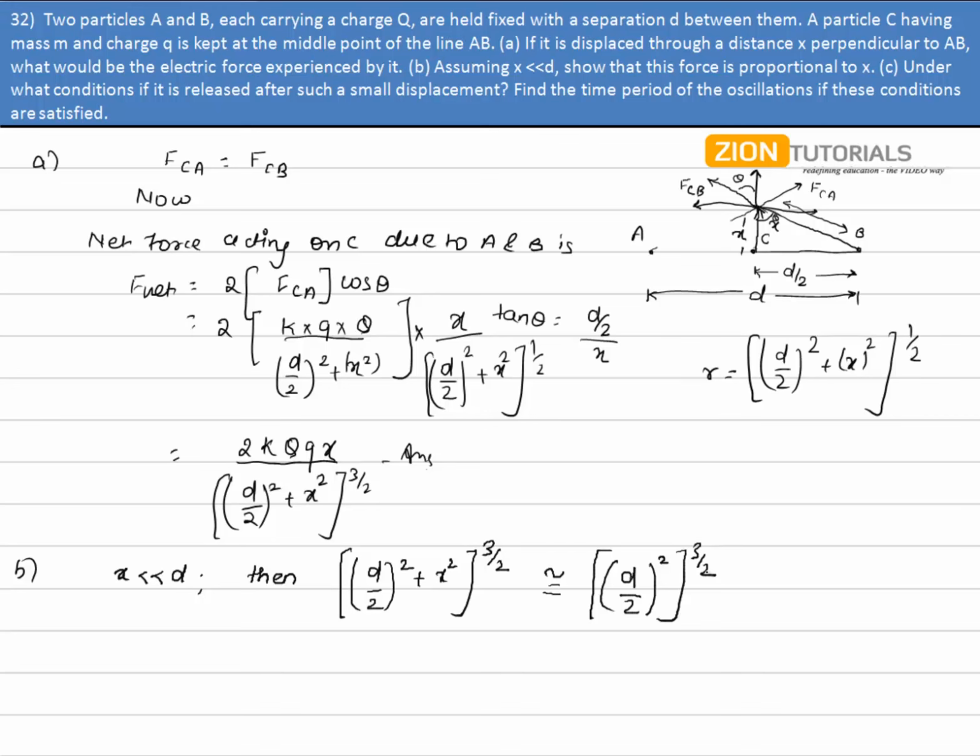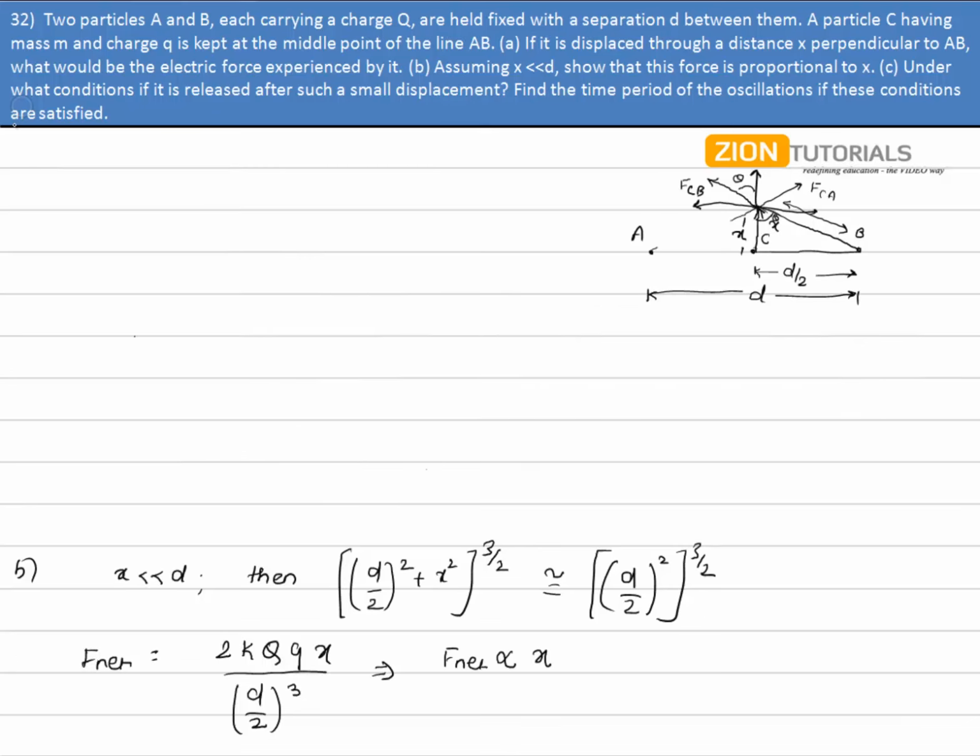What we did over here is that as x is very less than D, so x can be neglected in comparison to D by 2. So F net will turn into 2k capital Q small q into x divided by D by 2 to the power 3, and clearly that F net is directly proportional to x.